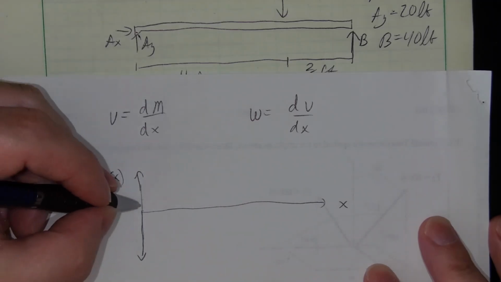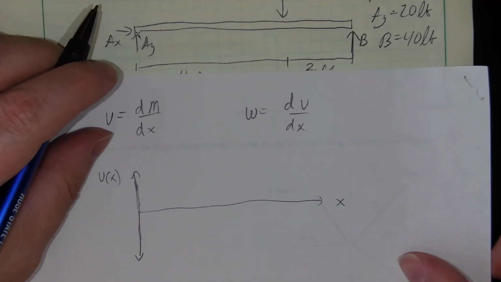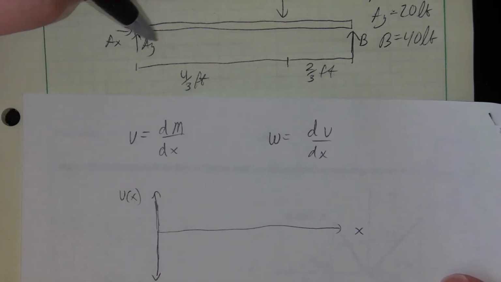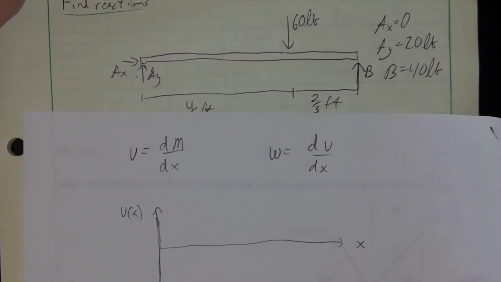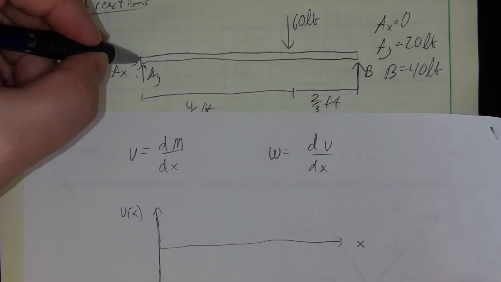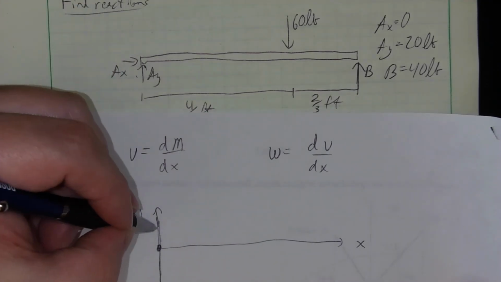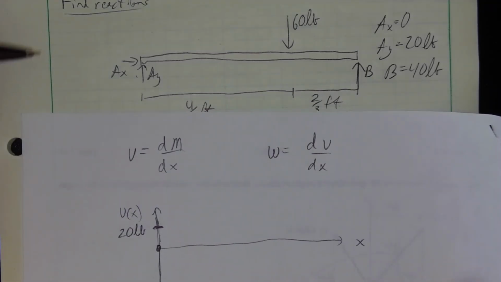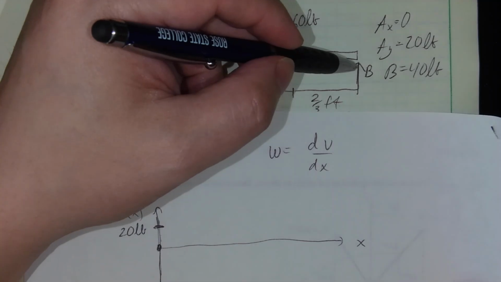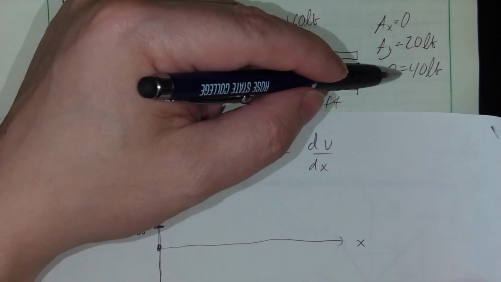They always start at 0 and they always end at 0. But the thing is, when I've got a force right here, that's basically going to push the shear up from 0. So right here at x equal to 0, I'm going to have a force that's going to push my shear up to 20 pounds. And then down over here, I've got a force that's going to push up 40 pounds.